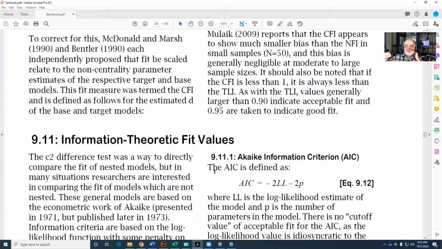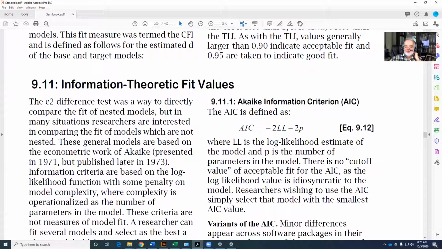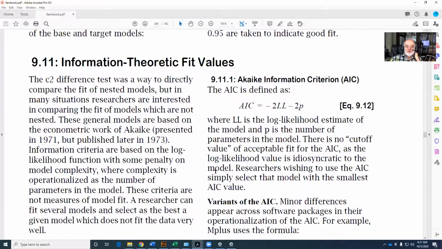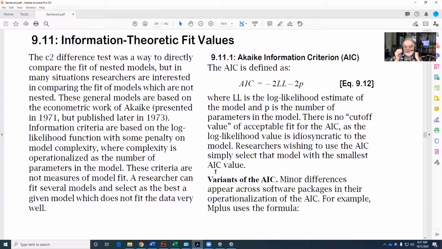Third part is our information theoretic values. Sometimes our models are not nested. That is, I can't go from one model to another by adding or subtracting arrows or constraining parameters. And in those cases, the tools at hand are information criteria. Now, to cut to the chase, there's not going to be a magic number cutoff for information criteria the way there are for the TLI or the CFI.